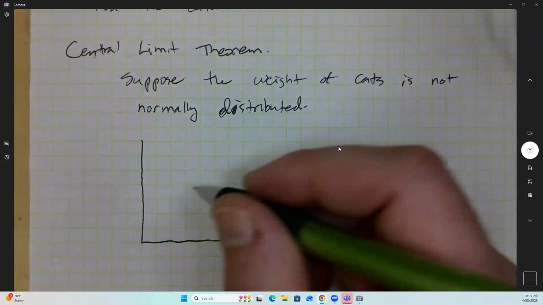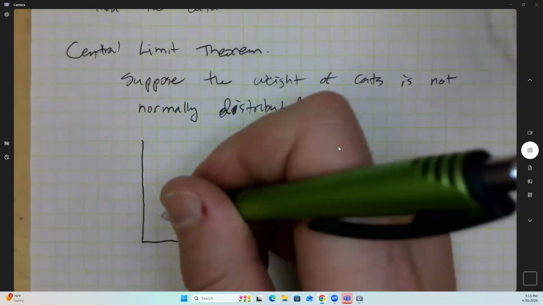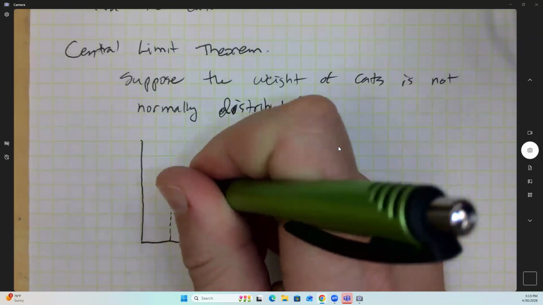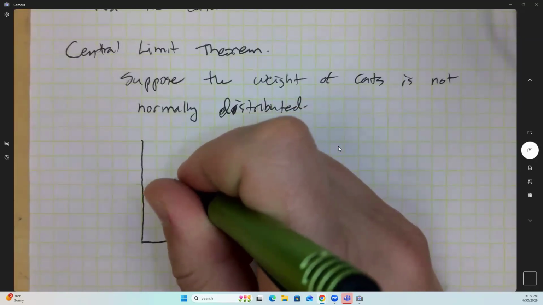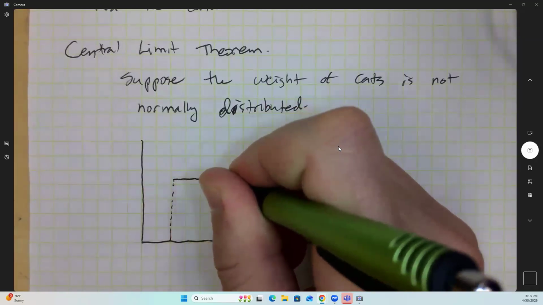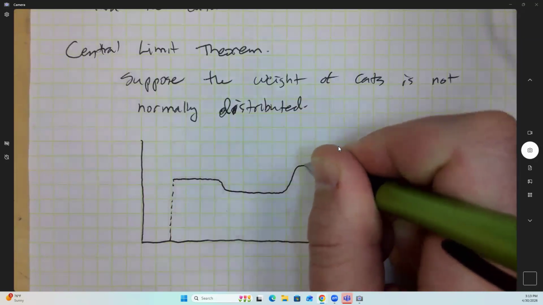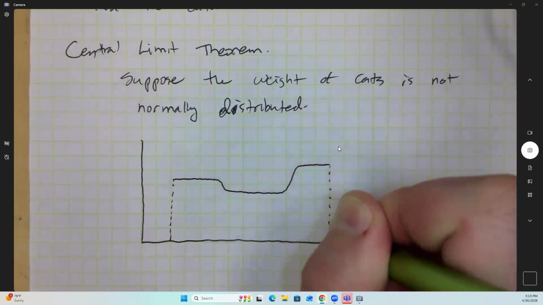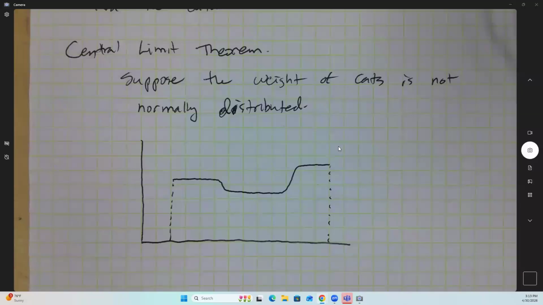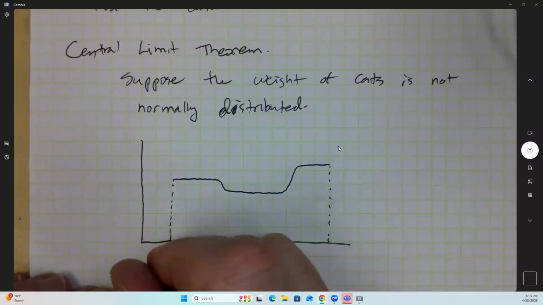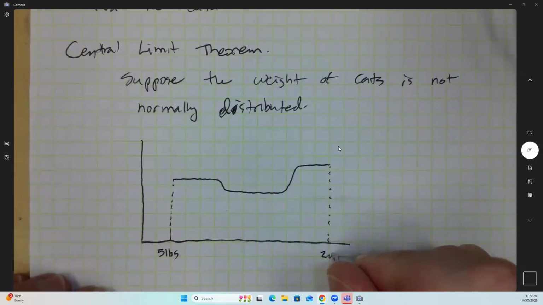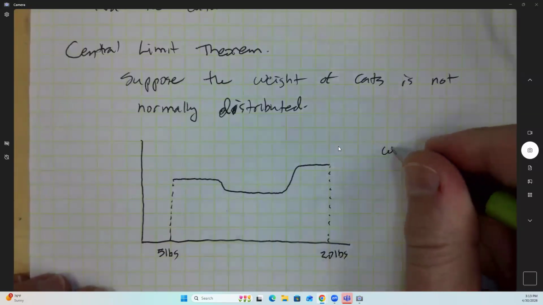And let's say it looks more like this, where we have a low end, maybe that's 5 pounds, and we have a high end, maybe that's 20 pounds.